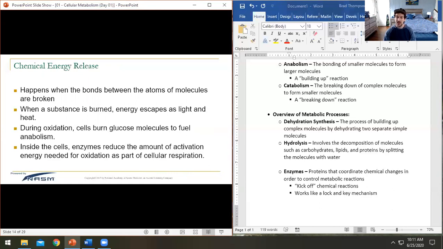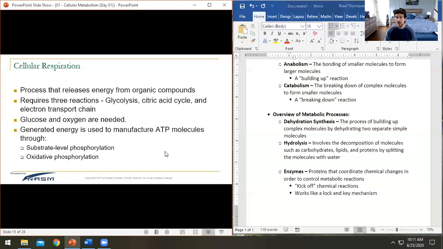Enzymes are in charge of kicking that chemical reaction off, and they help us do that. The process by which we do this requires three main processes that I'm going to break down very simply right now, and we're going to call this cellular respiration. This is basically the process of how your cells breathe.